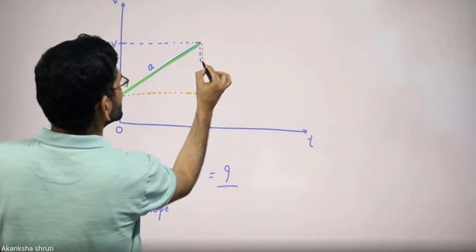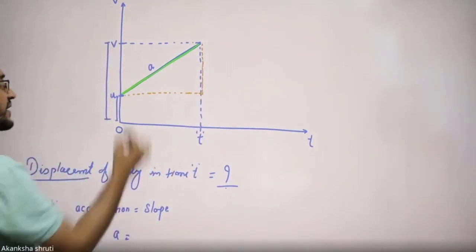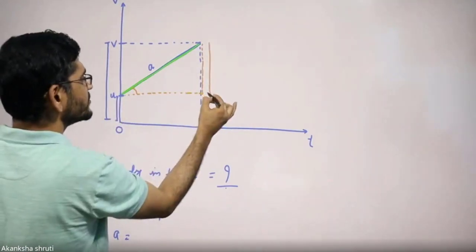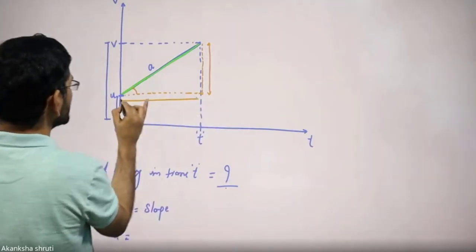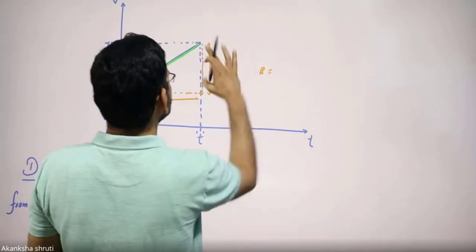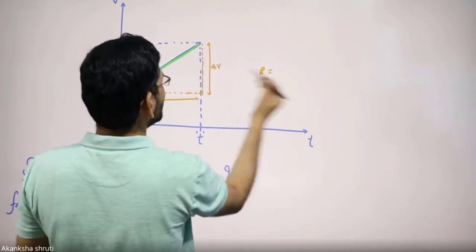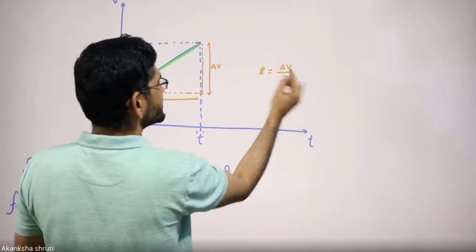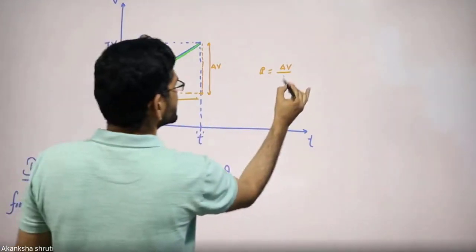From here to here, this much triangle we need to construct. Then taking this value by this value is going to give us A. If I denote this by delta v, where delta means the change in the velocity, and this is the time t, then A is delta v by t.